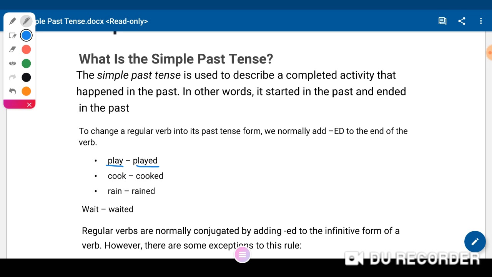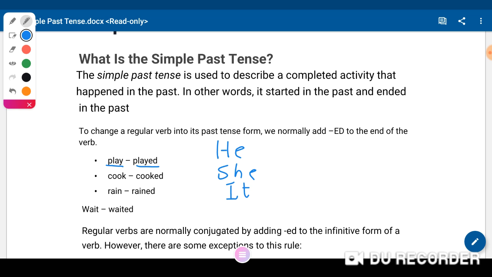You will say to me, Miss, you said before that for he, she, it, we love s, or es, or ies. No, this time it's different, because I said that in the present simple, but now it's totally different. We are in the past.